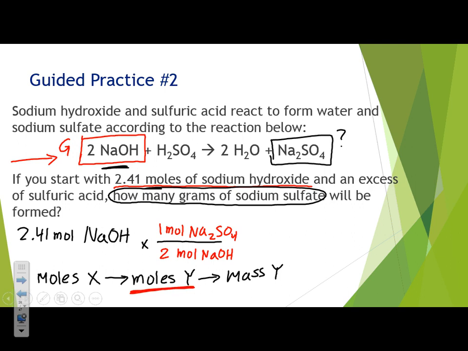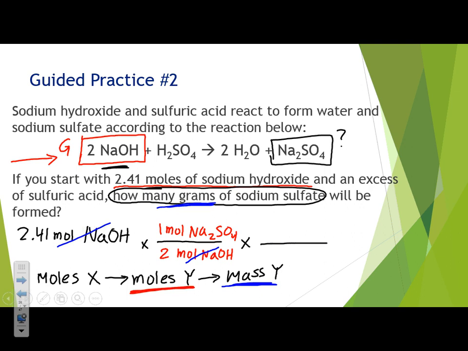So as we cancel out moles of NaOH on the top, moles of NaOH on the bottom, we're left with moles of sodium sulfate. But we wanted grams of sodium sulfate. So now we need to have another conversion factor to get to the mass of sodium sulfate.